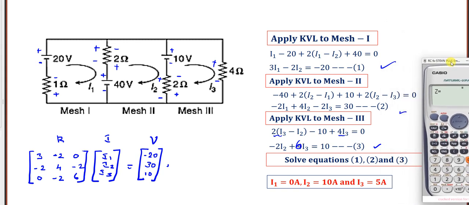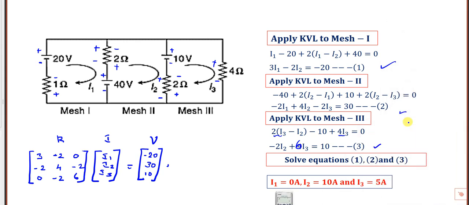So the steps you have to remember are: identify the number of meshes. Give all the meshes a clockwise current direction, and mark the resistance plus to minus. You write the clockwise direction, no? So plus minus, here also plus minus for mesh 1. Voltage, no need to change; the longer line is positive, the smaller is negative.